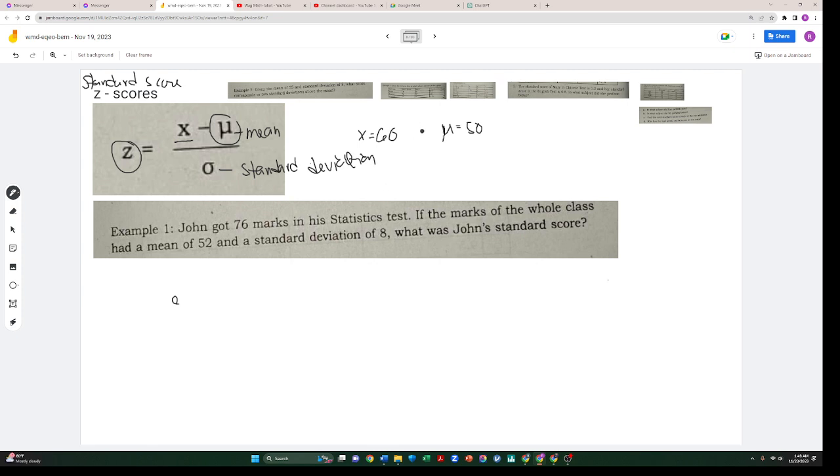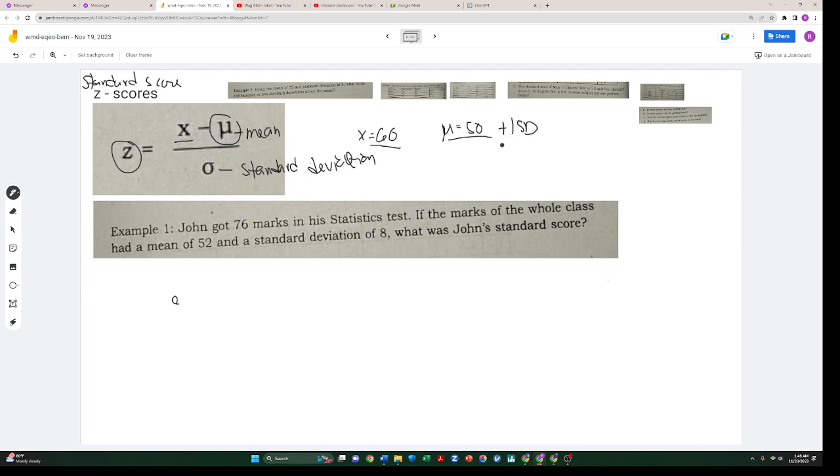Therefore, you are above the mean, because the mean is 50 and your score is 60. Then you are above the mean. Why? Because you are at plus 1 SD.